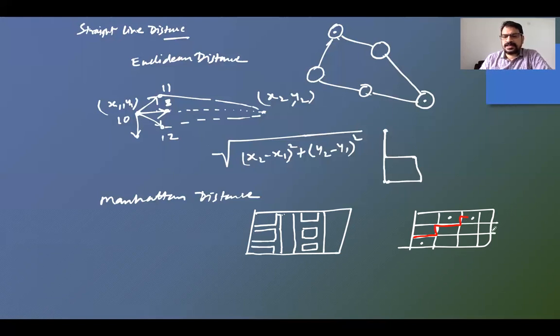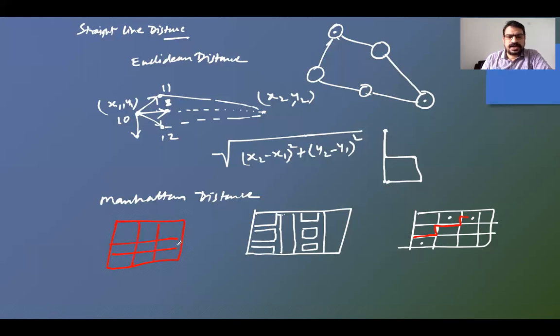And this Manhattan distance we can find out with different applications, depending upon the application. For graph or tree applications, we'll use the straight line distance. And we have problems like the 8 puzzle problem, where we have 8 tiles.